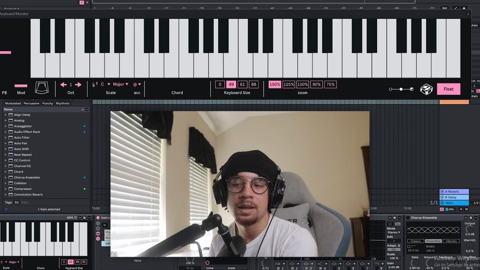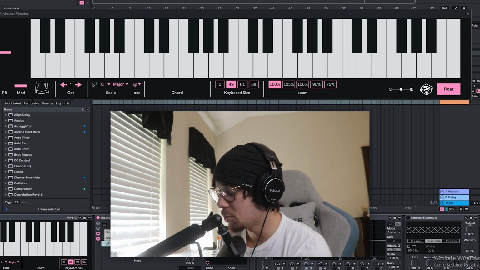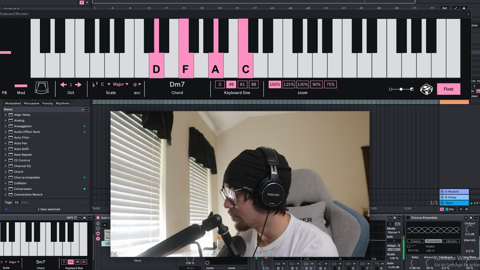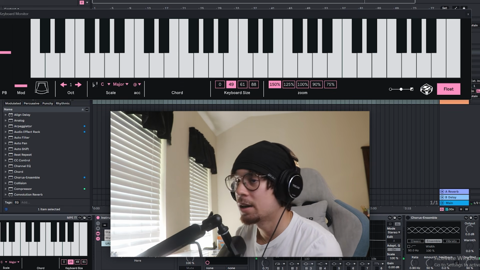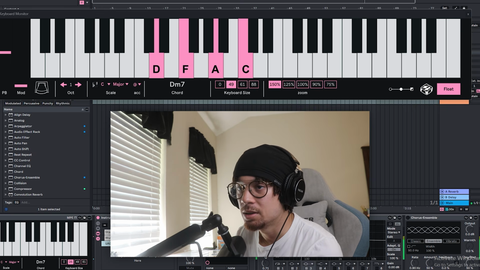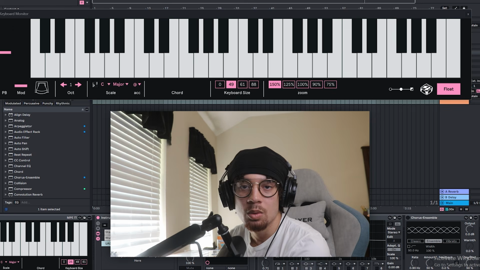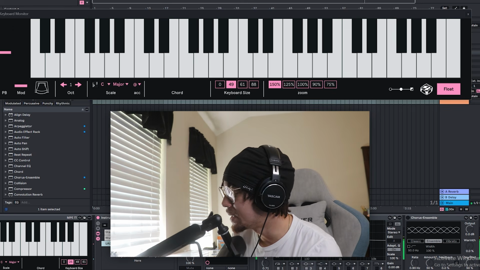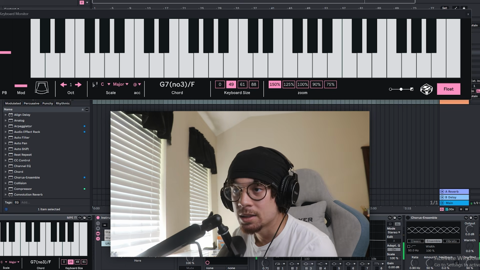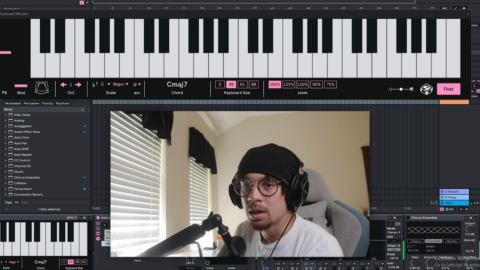So for example, let's say we're in the key of C major, which is just all the white notes, right? Now again, you're going to have the street names like C major, D minor, E minor, and so on. However, instead of calling it that, you can label each and every note in the scale and its relative chord with a number.